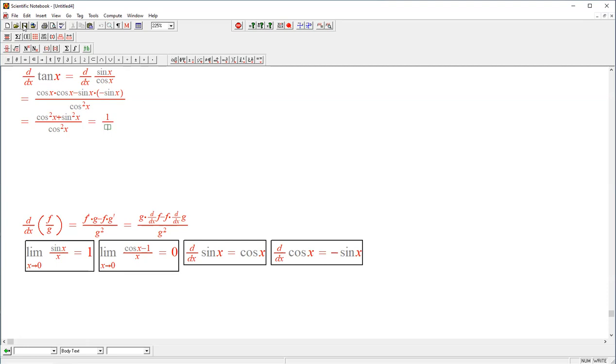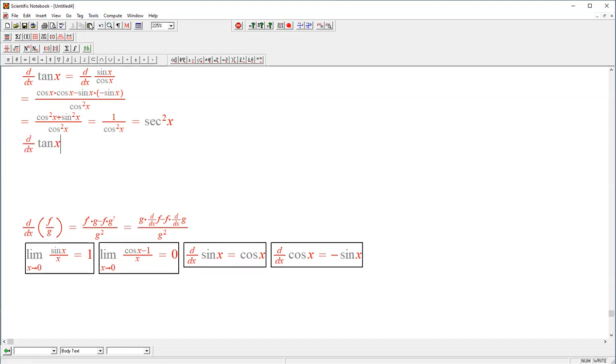So this is 1 over cosine squared x. And you know the relationship between cosine and secant, so this is secant squared x. We derived that the derivative of tangent is secant squared.